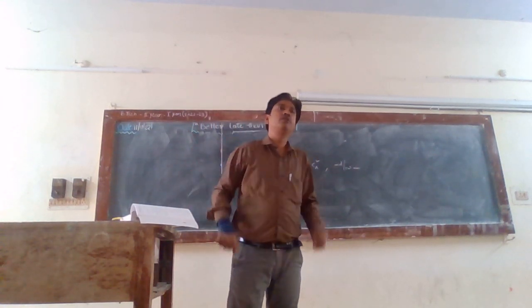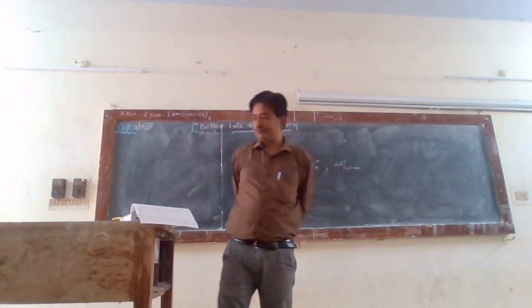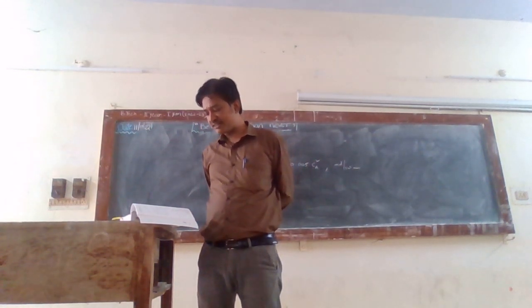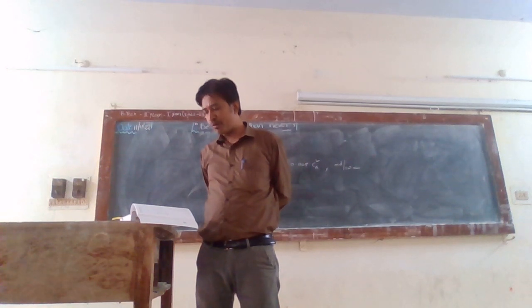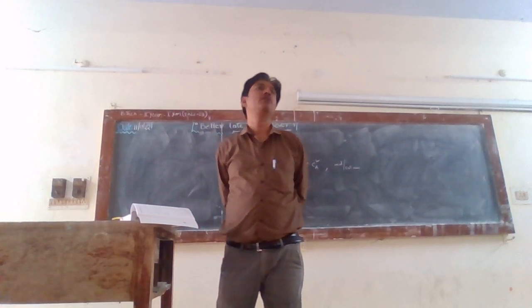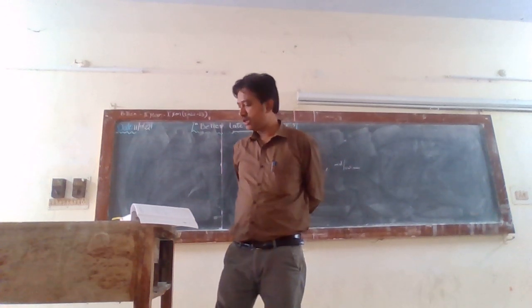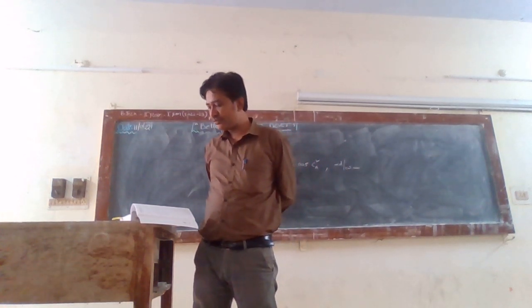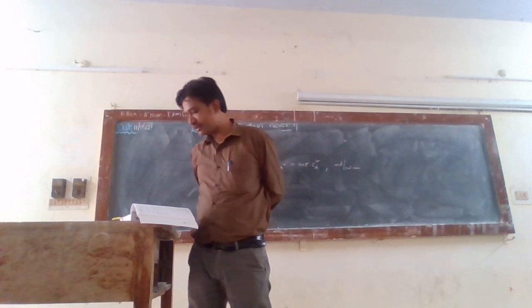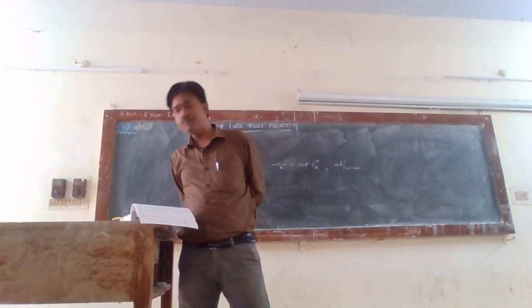Yes. He has given a reaction rate, minus RA is equal to 0.005 CA square. And he is saying if the concentration is expressed in moles per liter and time in hours, what could be the rate constant value?